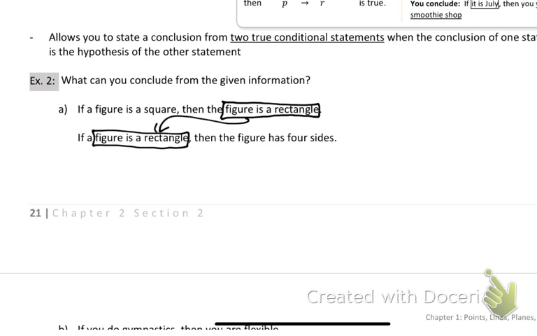So what you can conclude from this information is we can shorten this. We can put, if a figure is a square, we can skip the whole rectangle thing and go to, then the figure has four sides.